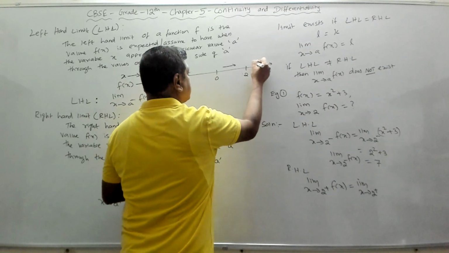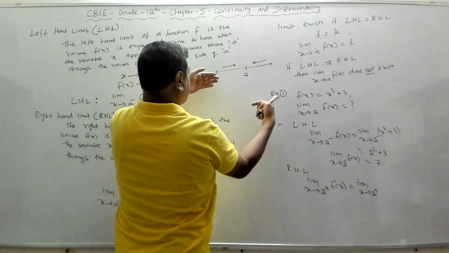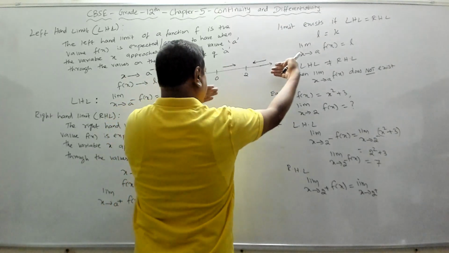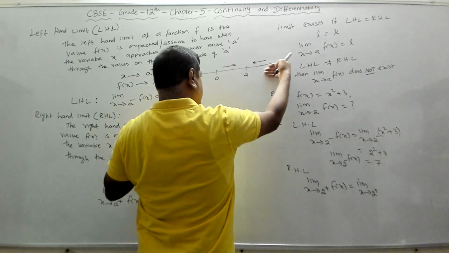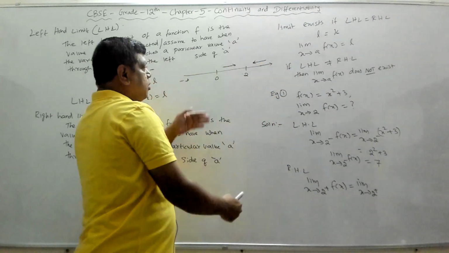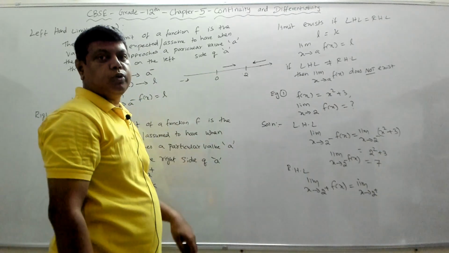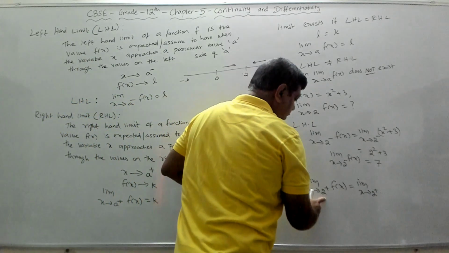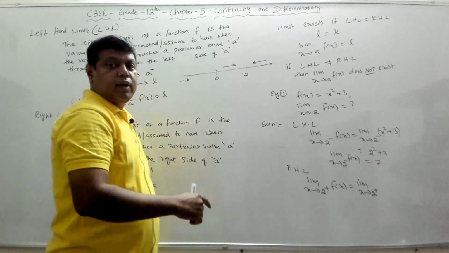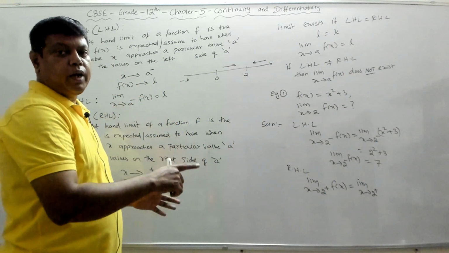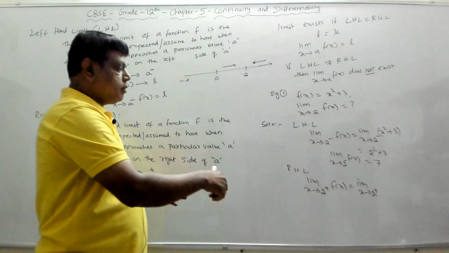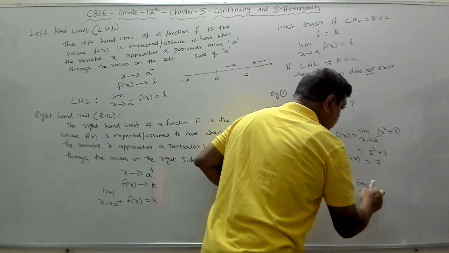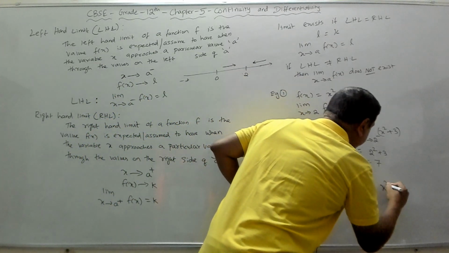Which means from this direction we are approaching 2. If you approach 2 from this side, the left side, that is the left hand limit. So x is approaching 2 through the values greater than 2. In symbols we write it as limit x goes to 2 plus f of x. F of x is x square plus 3.